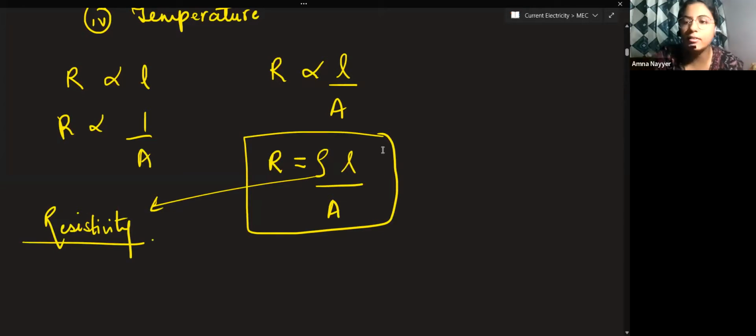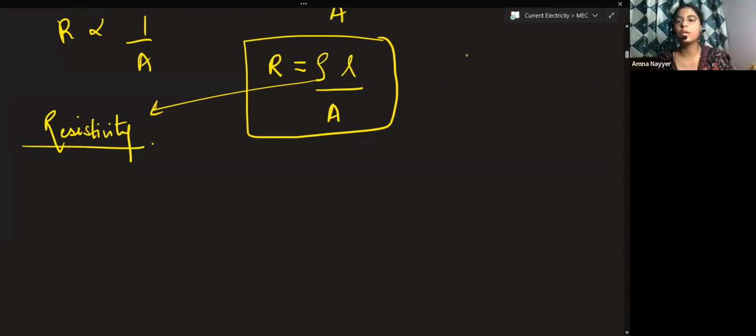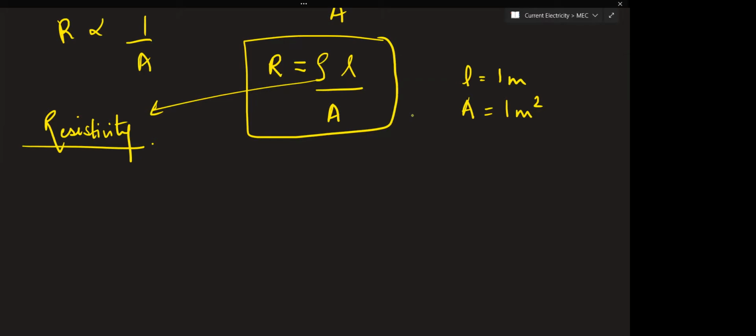So how can I define resistivity? See, in this formula, if I write length as 1 meter, means unit length, and area of cross section also as 1 meter square, then what will be the relation between resistance and resistivity? Resistance will be equal to rho, resistance will be equal to resistivity.